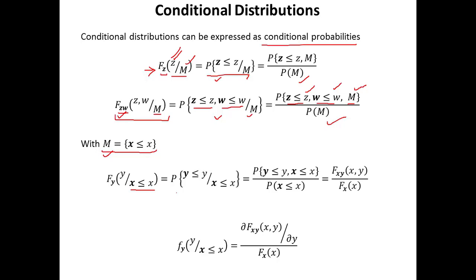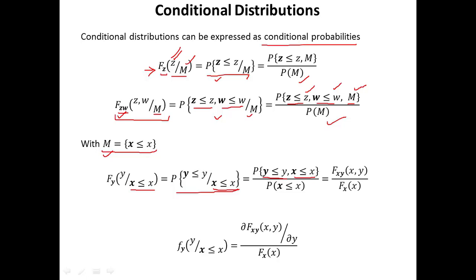Here we are determining the probability of the event Y less than or equal to y such that the event X less than or equal to x has already happened. Further, using Bayes theorem, it can be written as the probability of the intersection of the events Y less than or equal to y and X less than or equal to x, divided by the probability of the event X less than or equal to x.